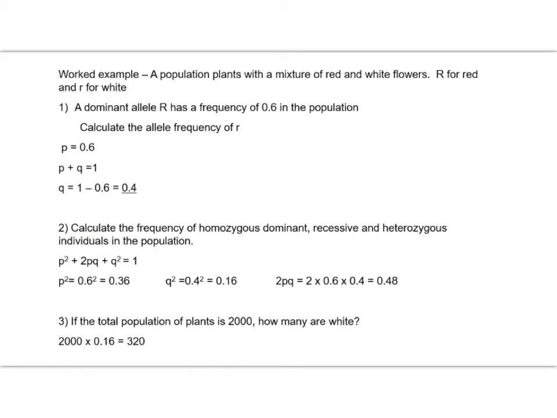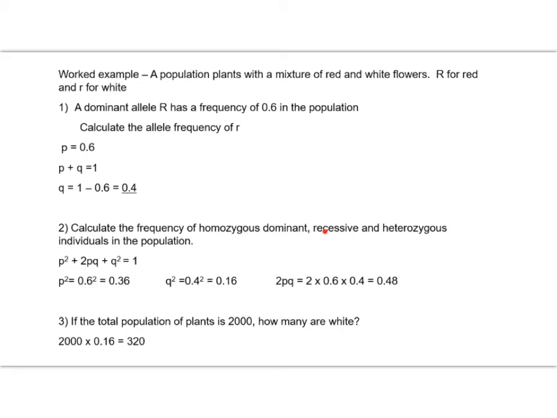And now it says, calculate the frequency of homozygous dominant, recessive and heterozygote individuals in the population. So now we're not asking for allele frequencies, we're asking for genotype frequencies. So we have to use the other equation. We've already worked out p, it was 0.6, so p squared is 0.36.